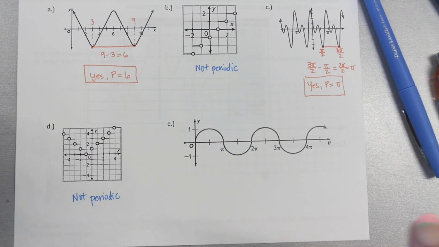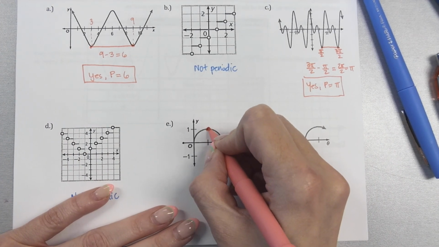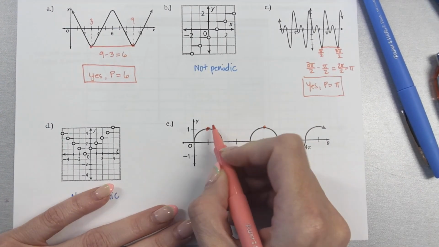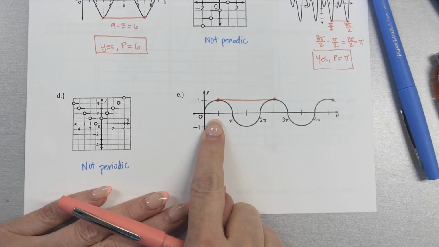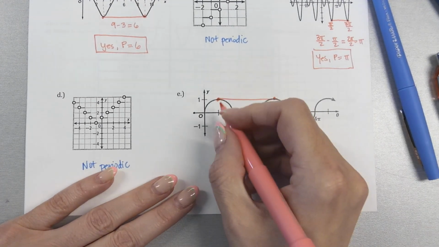It doesn't matter which one you do. If I go max to max, what is this in radians? Pi over 2.